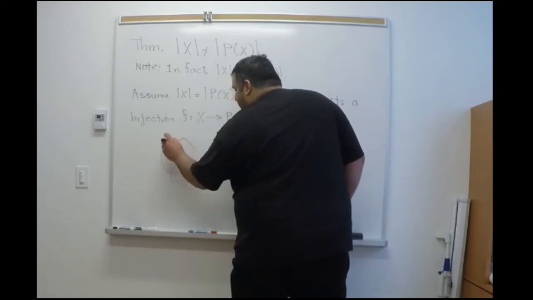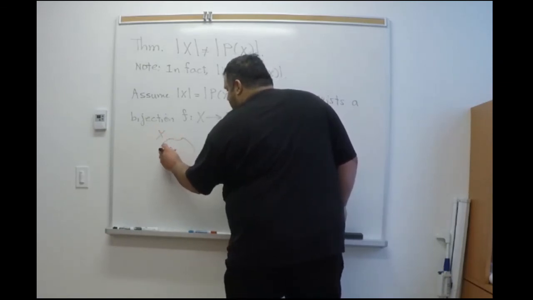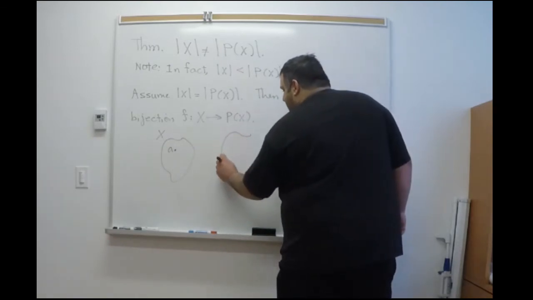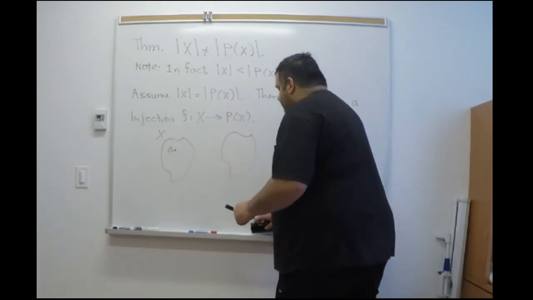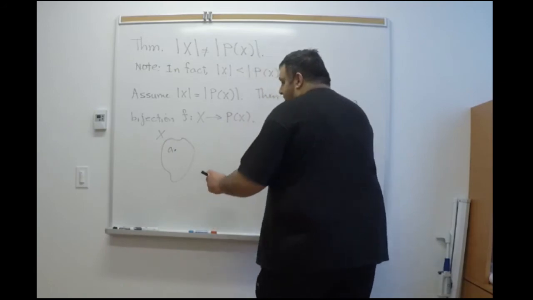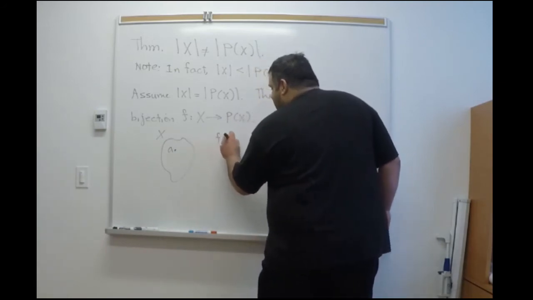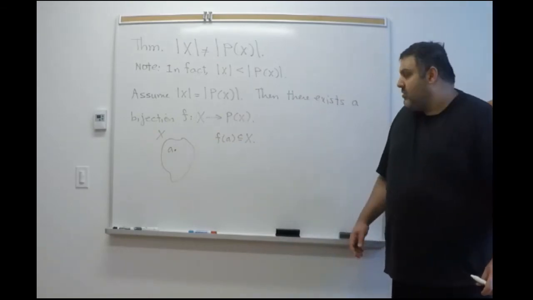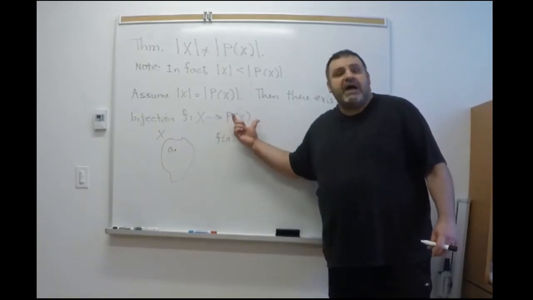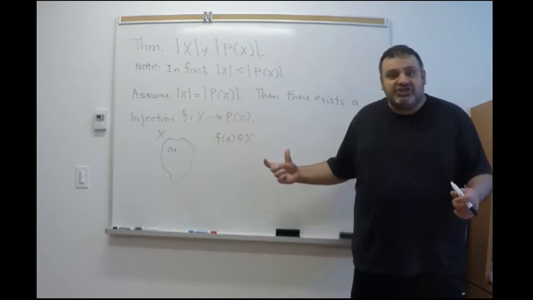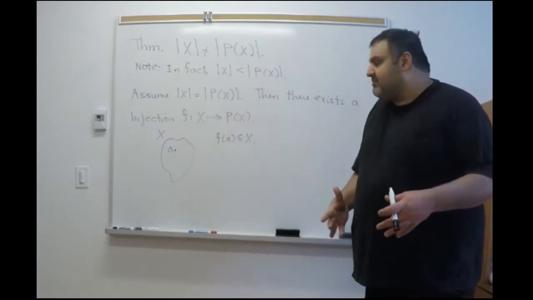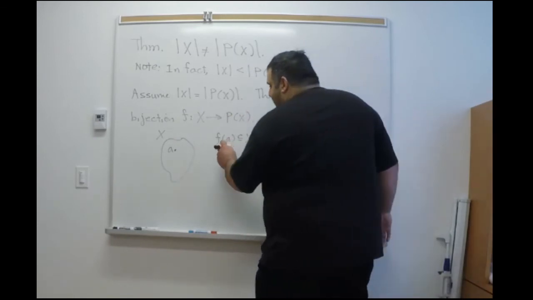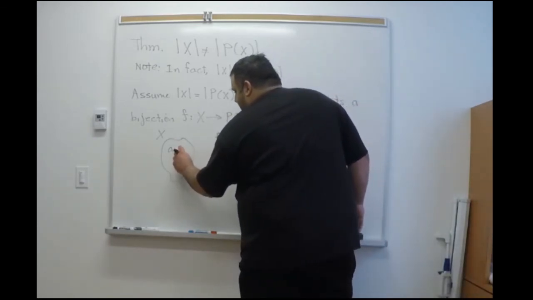If this is X and you pick a point A here, then f of A is a subset of X. Why? Because f of A is an element of the power set. And by definition, being an element of the power set means you're a subset of the set X.